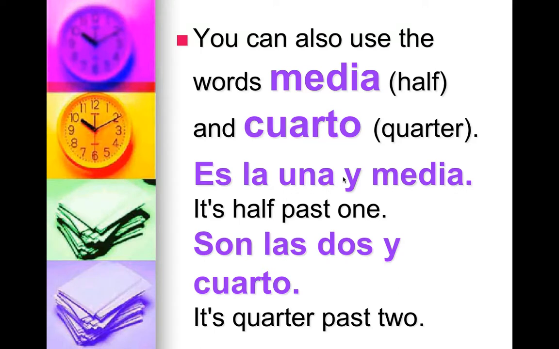Son las 2:15. It's a quarter past 2 or 2:15. And again, I mentioned in my previous lesson, I recorded on lunes with my reloj amarillo, with my yellow clock. Most Spanish-speaking people do not say es la 1:30. They really don't. They use these words media, half past, and cuarto instead of the number on the clock.